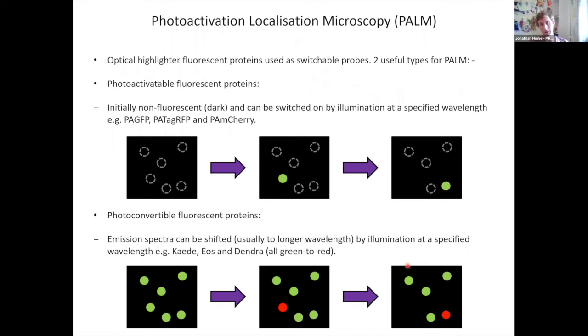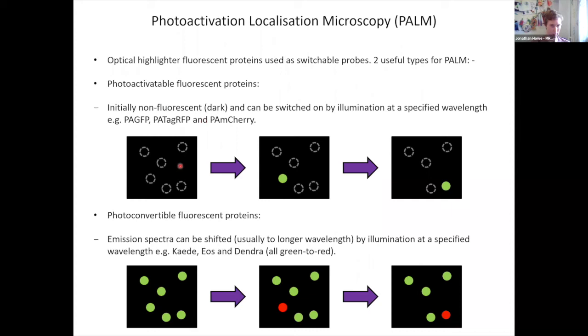So there are two main classes. There's the photoactivatable fluorescent proteins, which are represented at the top here, and then there's the photoconvertible fluorescent proteins, which are on the bottom. So the photoactivatable fluorescent proteins, things like PAGFP, initially start in a dark state. So if you irradiate them with blue light to image them in the green channel, you won't see anything.